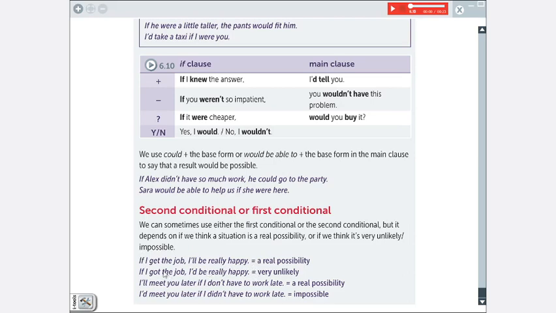But these situations are imaginary in the second conditional, because you say that if something happened, something else would happen. So it's something that is imaginary, that is different to the reality in the present.